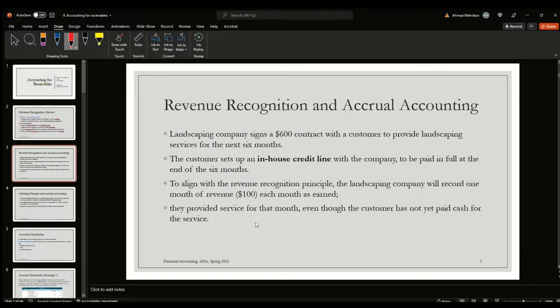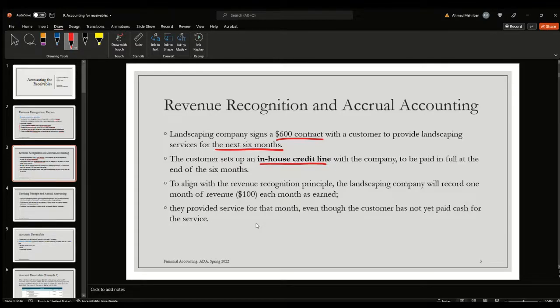Now, here we have this example, and again, this is basically repetition related to revenue recognition. We've covered it in previous videos, so you can always go back and check it again. Just to review, a landscaping company signs a $600 contract with a customer for the next 6 months. The customer sets up an in-house credit line with the company, and he agrees to pay in full at the end of the 6 months.